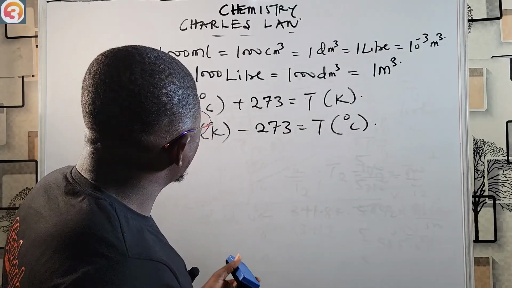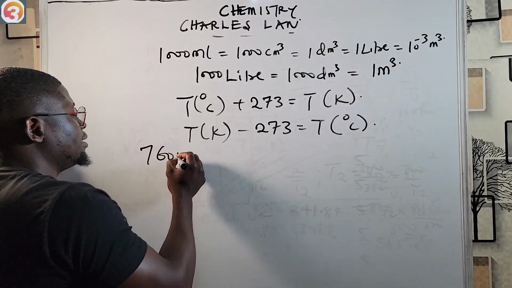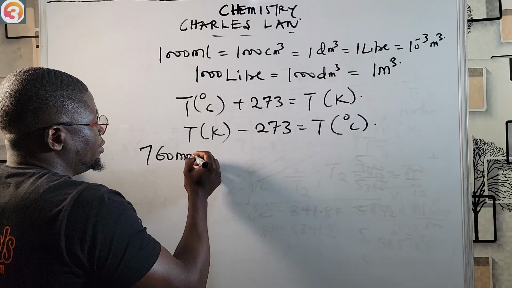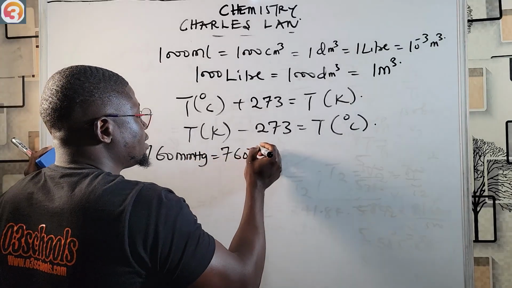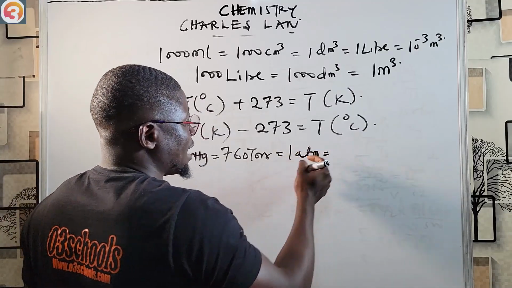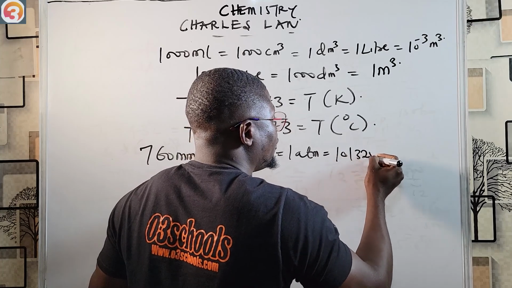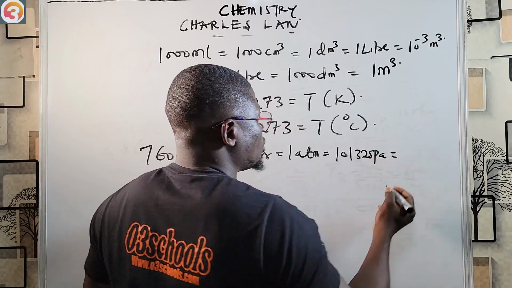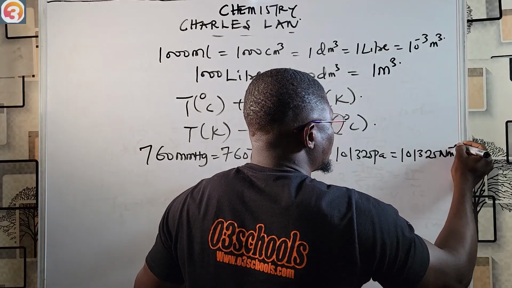Are you there? So now, another important one you need to know is that 760 millimeter mercury is equal to 760 torr. It's equal to 1 atm, that's 1 atmospheric pressure, and it's equal to what? 101,325 Pascal. And this is also equal to 101,325 Newton per meter square.